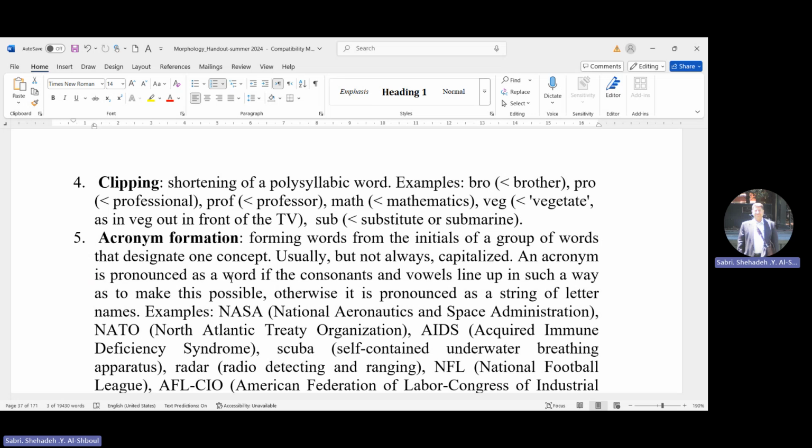I.e., when we say shortened, some parts or syllables are cut. So the word brother becomes bro. The word professional becomes pro. The word professor becomes prof. The word mathematics becomes math. The word vegetate becomes veg, right?